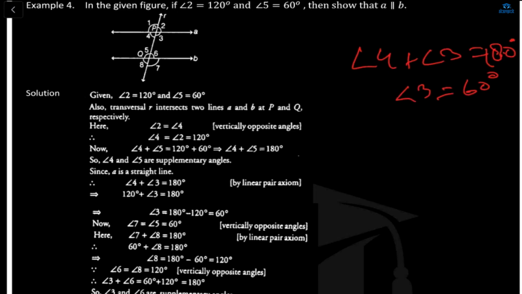Or you can take it directly from 2 and 3 also. They are forming a linear pair, because it is a line and the other is a ray. So from 2 and 3 also you can find the value of angle 3. So you get the value of angle 3 as 60 degrees and angle 6 as 120 degrees.